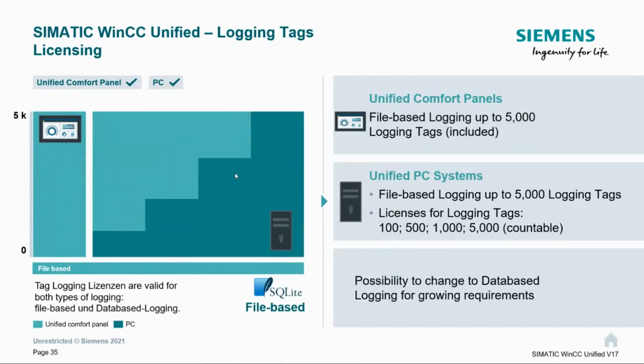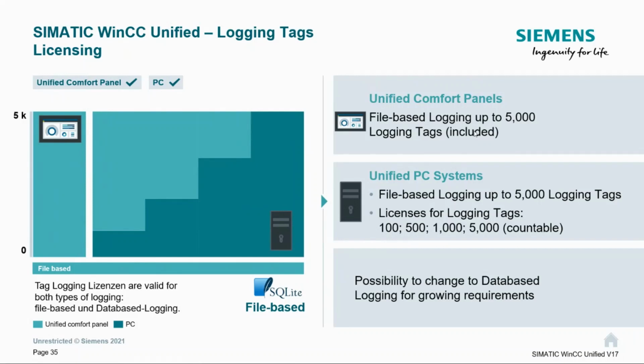Okay. So for logging, over here on the bottom it said tag logging, and I went to look at what this word here is. So I looked it up, and it's license, the valid license. And so here are the different tags for logging. On the Comfort Panels, you get 5,000 tags built in.